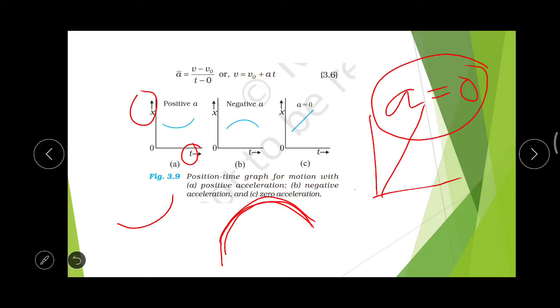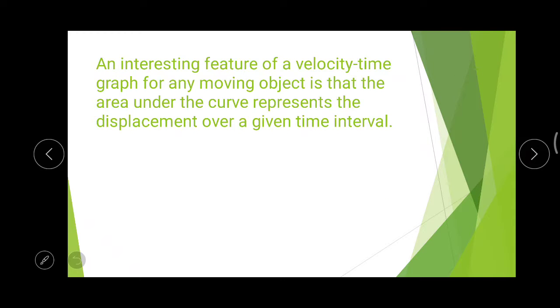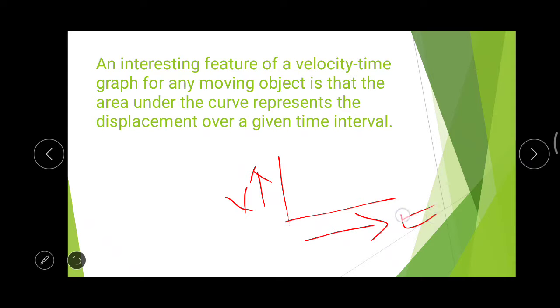Acceleration is actually the change in velocity per unit time. The velocity is actually the change in position per unit time. Now if you are given a velocity time graph, you know that the slope of the position time graph is the velocity.